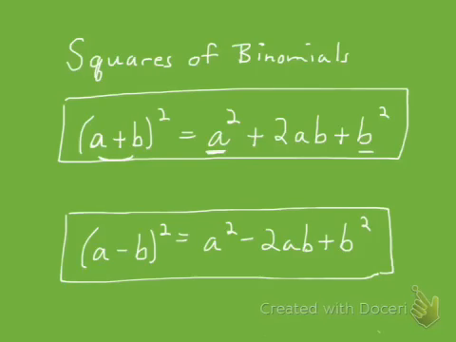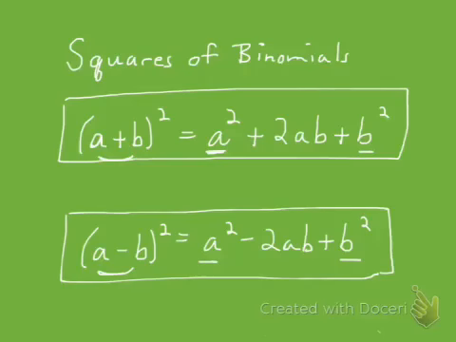Multiply times each other times 2. So 2 times A times B. And it's plus in the middle. This is the same down here, except you got the A squared, you got the B squared, and then your middle term comes from multiplying these two and then times 2, except it's minus in the middle.